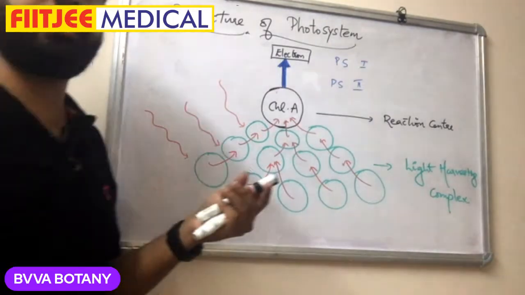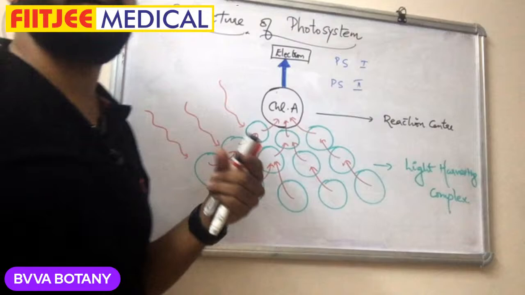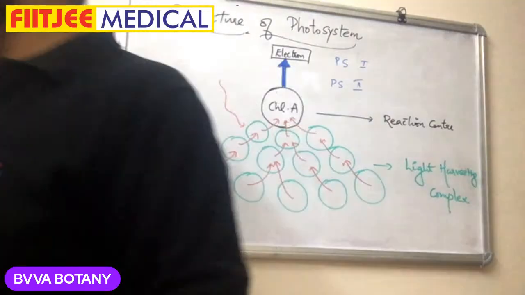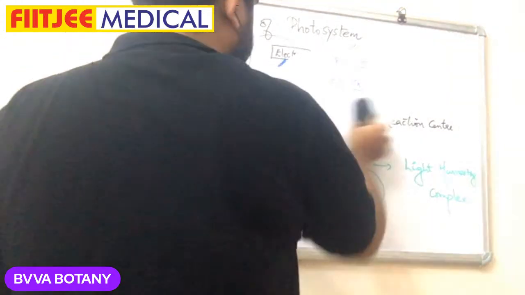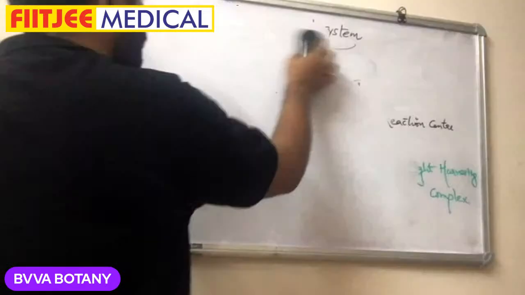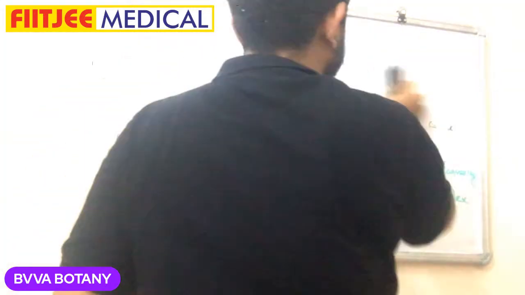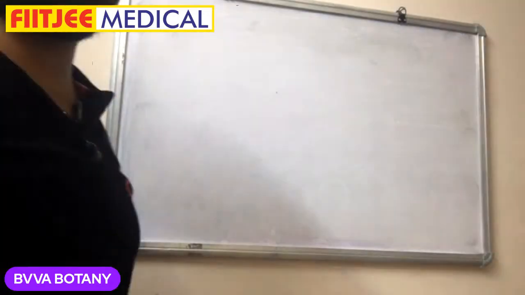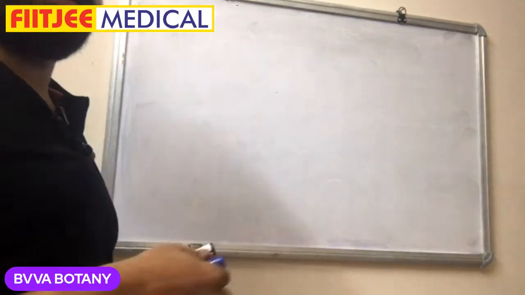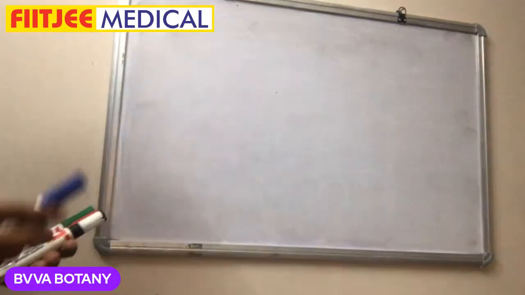One will be activated at a higher wavelength of light and another at a low wavelength of light. One will be activated at a high energy and another at a low energy or a low wavelength of light.